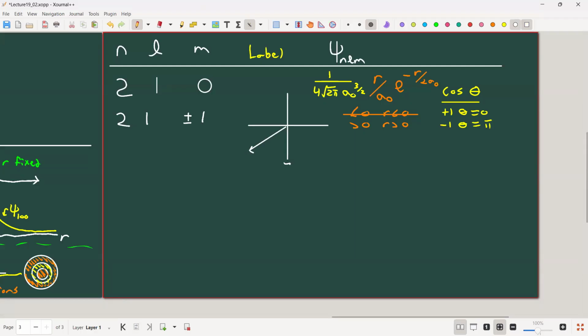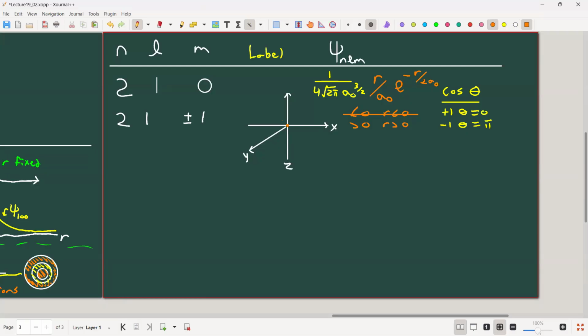Okay. So what I can do now is plot my function in x, y, z. If I look at this e to the minus r, this just looks like a decaying function times r. So at r equals 0, it's going to be 0. And then let's look at cosine. If cosine theta is maximum, which means we're on the z-axis, the function is maximum.